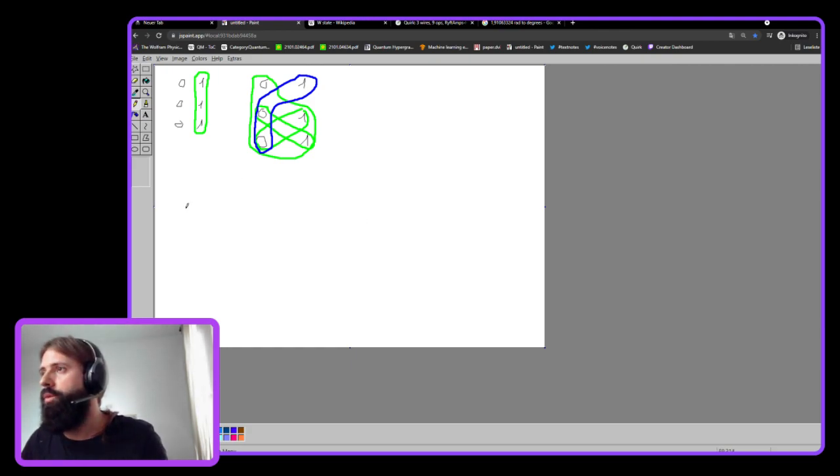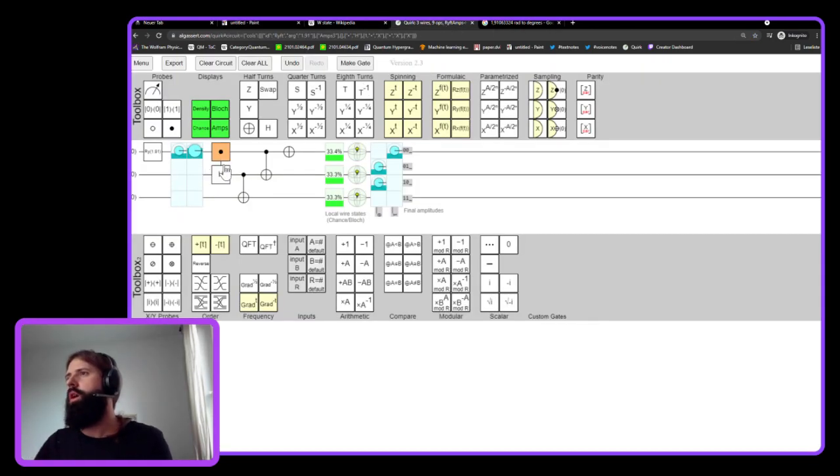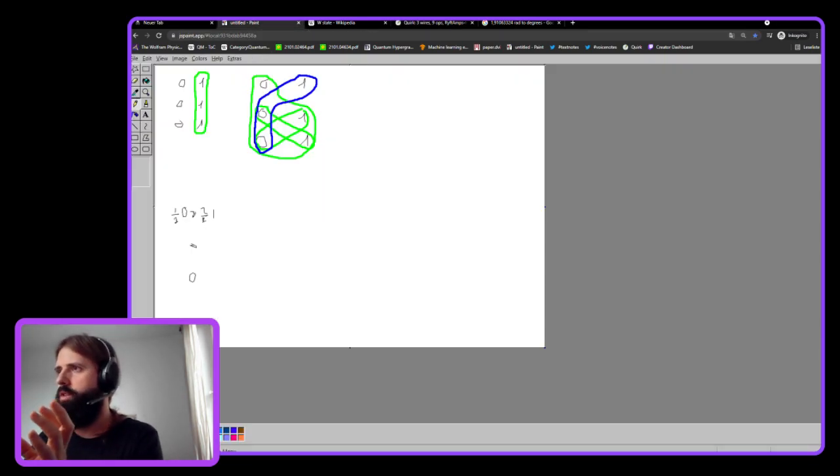So I would really have 1/3 0 plus 2/3 of 1, and then 0 and 0. Awesome. Then I apply a control Hadamard. The control Hadamard tells me to split these two apart.